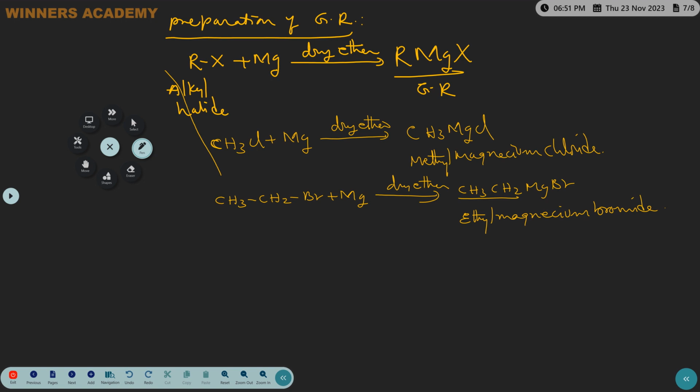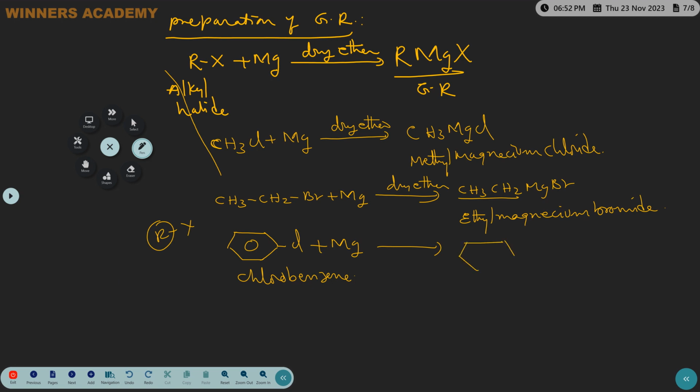Now, suppose if you take here another one, what is its name? Chlorobenzene. Its name is chlorobenzene. Okay, treated with magnesium. Here also, this is also RX, like RX, plus ring. Here which is formed?